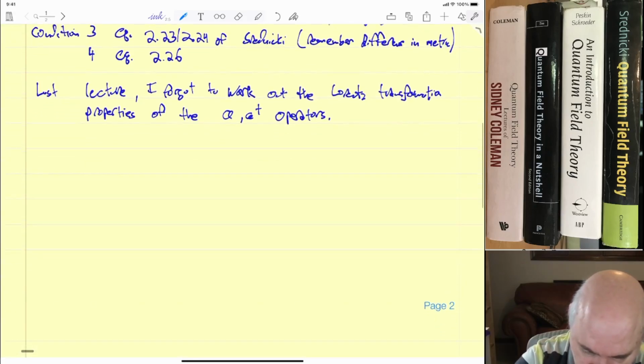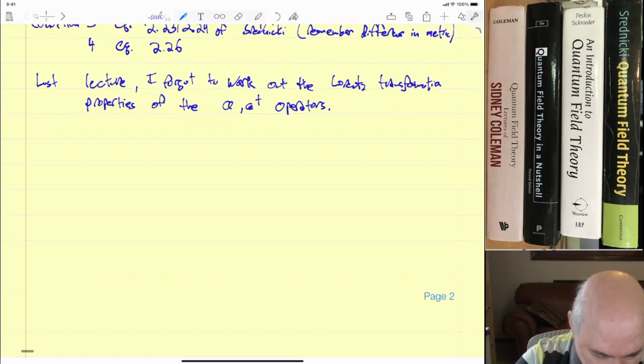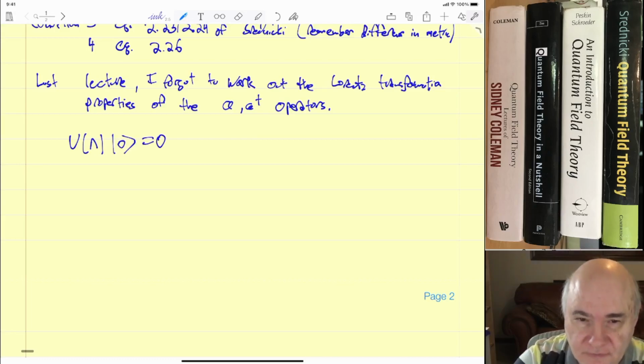So let's work them out right now. We know that we have a unique vacuum state. So even if we make a Lorentz transformation, the vacuum state doesn't change.